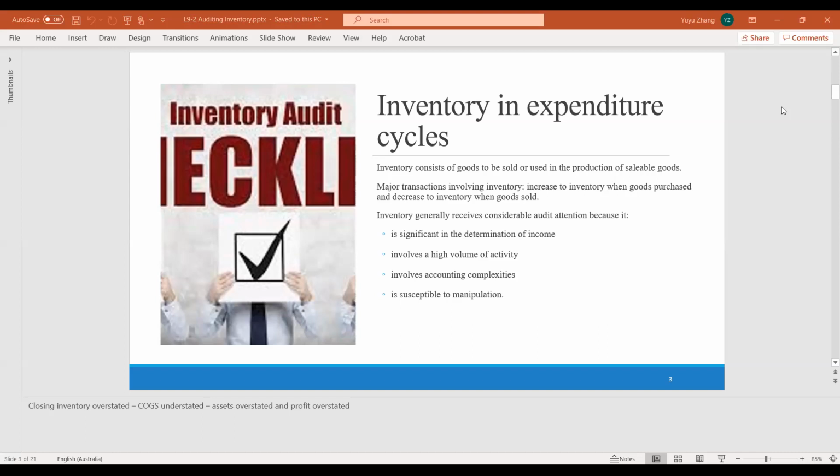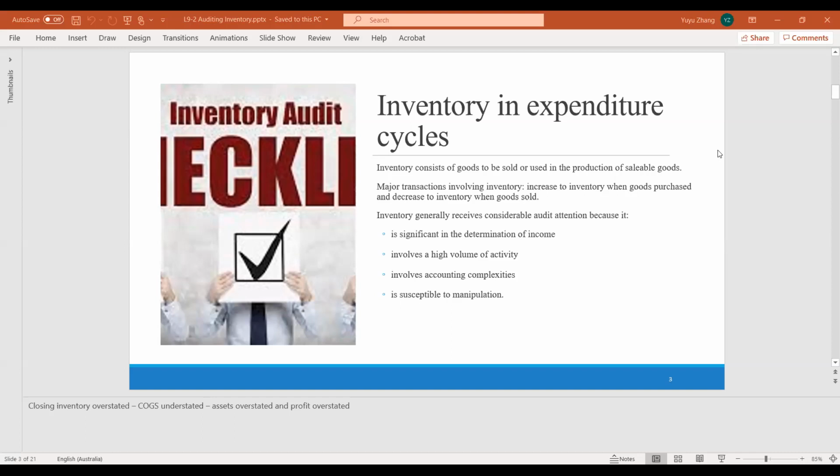So in this part, we talk about something beyond the sales and purchase cycle. What we need to know is that the inventory account is usually material. Why is the inventory account often important and material? Because it is significant in determining the income.